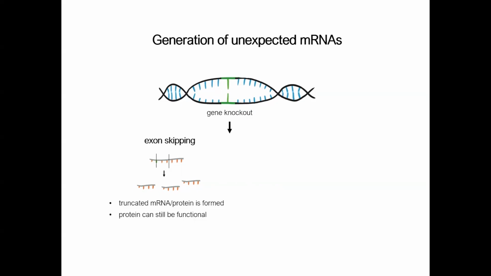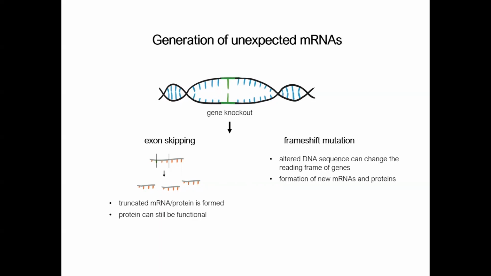In addition, the intended changes can lead to the generation of so-called frameshift mutations. Frameshift means that the reading frame of the DNA sequence of genes is changed and the genes can be read differently. As a result, novel mRNAs and proteins can be formed, which can perform new functions in the cell's metabolism.